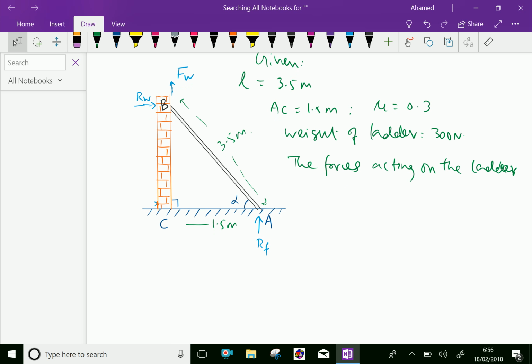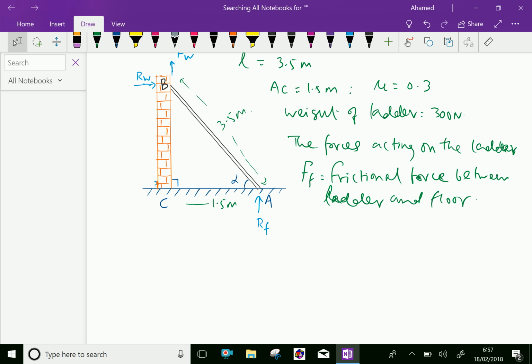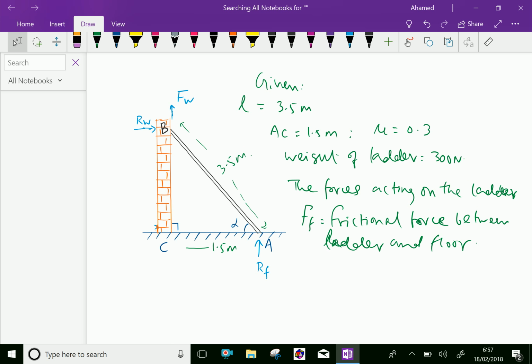First we have FF, the frictional force between the ladder and floor. Now RW, the frictional force between wall and ladder, is 0, since the wall is smooth.